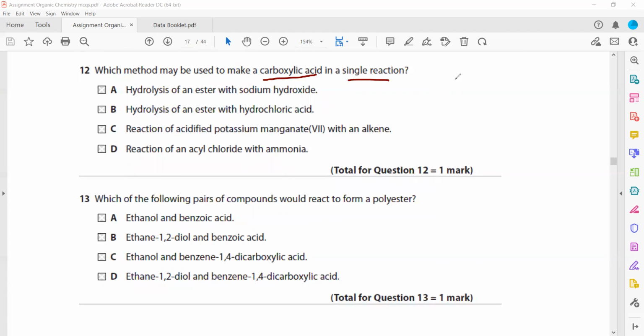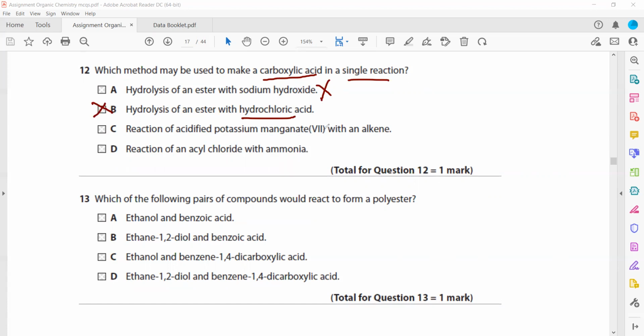When ester hydrolyzes, it will produce carboxylic acid and alcohol. But that carboxylic acid will react with sodium hydroxide, so it won't be correct. When ester is hydrolyzed in acidic condition, the acid cannot react with that other acid. That's why B is the right answer.